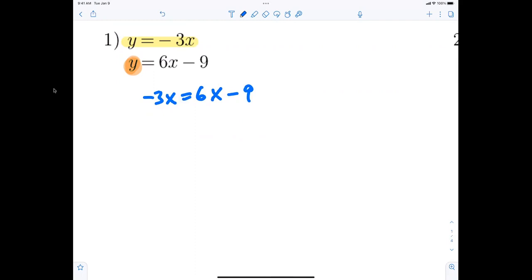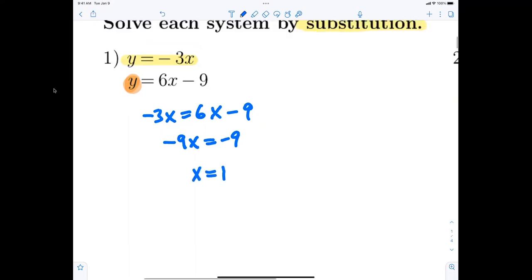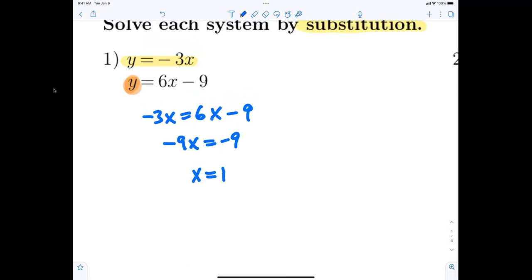Negative 9x equals -9. So I'd want you to just write -9x equals -9. And so x equals what? 1. X equals 1. Now that I know x equals 1, I can plug 1 into the first equation.